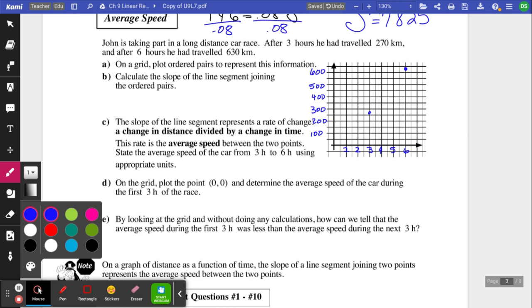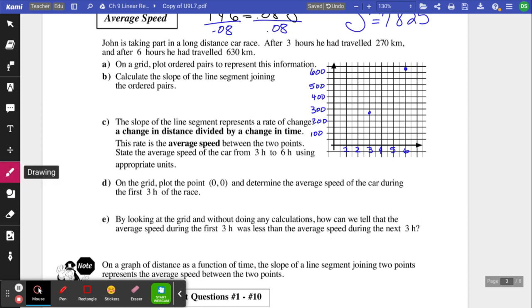Okay, find slope. Go, somebody, quickly tell me what to do. Hurry. So what are your y values? 630 minus 270 over, what did you say, Miles? 6 minus 3.